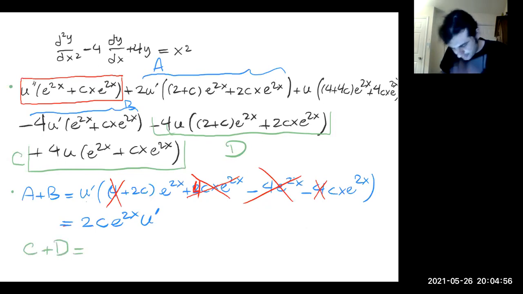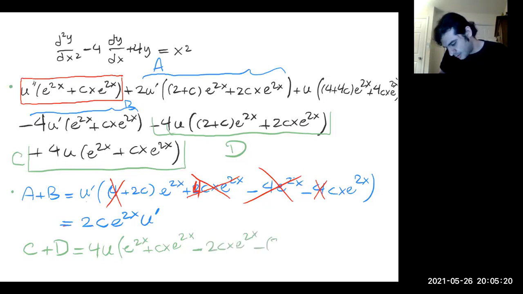So we have 4 as a number times u, and then we would have e to the 2x plus cx e to the 2x, minus 2cx e to the 2x minus 2 plus c e to the 2x.